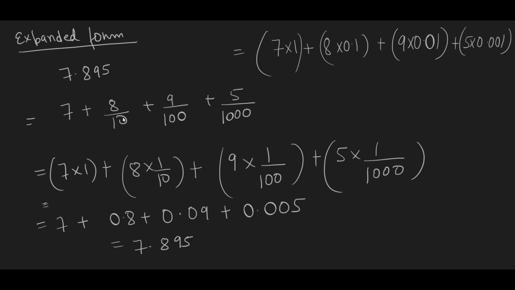So this is your expanded form of 7.895. Simple. Whole number 7 into 1, 8 is at the tenths place, so 8 into 0.1, 1/10. 9 is at the hundredths place, so 9 into 0.01 plus 5 into 0.001.